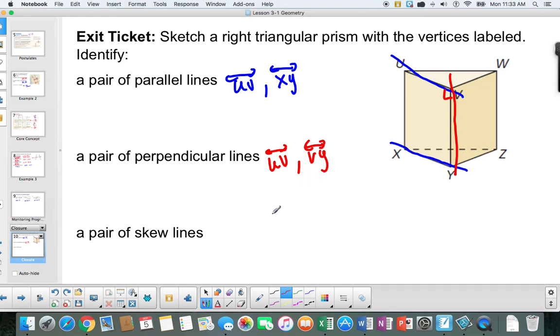So I'm going to choose VY, which is a red line. And then I'm going to choose this line back here that I know it won't intersect, which is UW. Let me go ahead and put that in green for you right here. So this green line and this red line will not meet. And this is the end of the screencast.